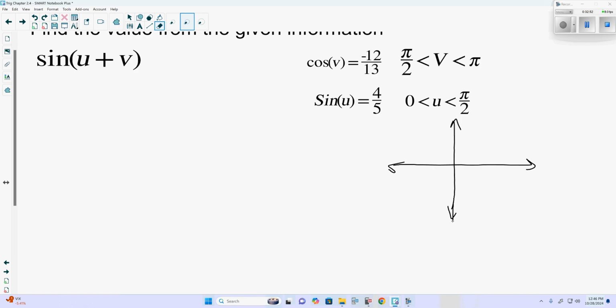With any of this here, it's going to be helpful to set these triangles up on the coordinate plane, because we have 0, pi over 2, pi, 3 pi over 2.